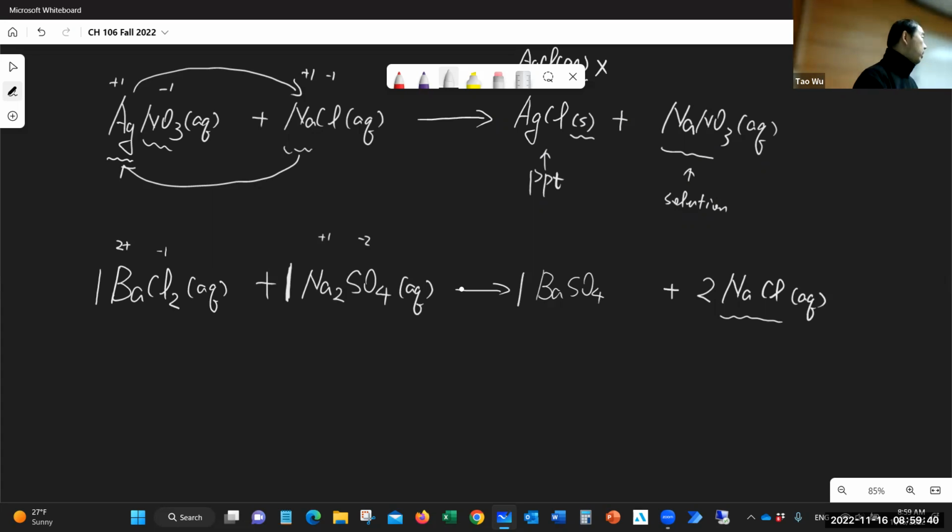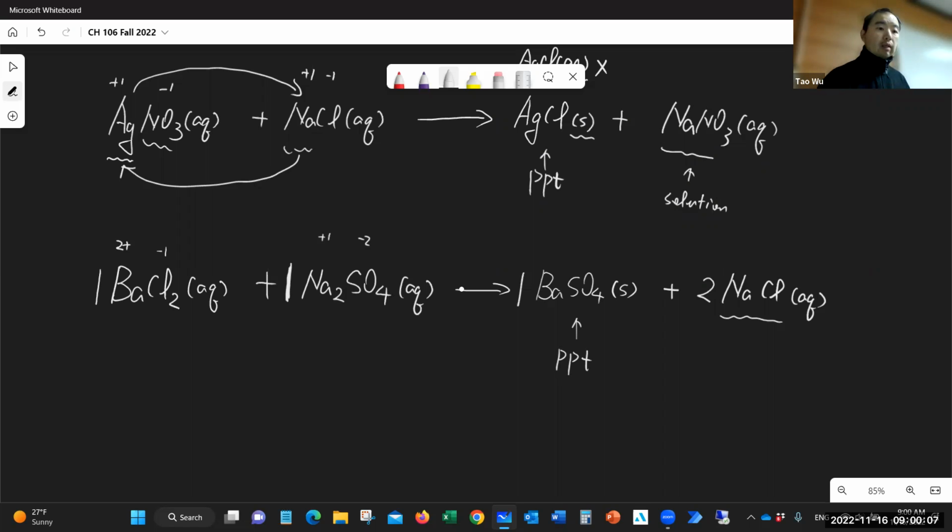Then we need to double check whether barium sulfate is a precipitate or not. You can look at the sulfates, and you see barium is in the first row. Sulfate plus barium means low solubility or insoluble. So this one will be a precipitate. That's it. Does it make sense?